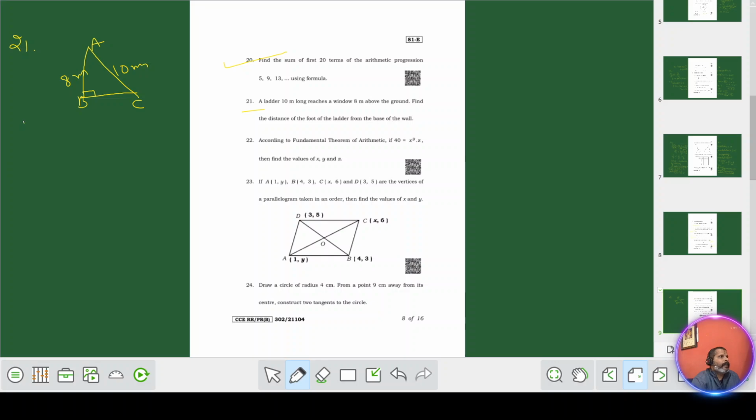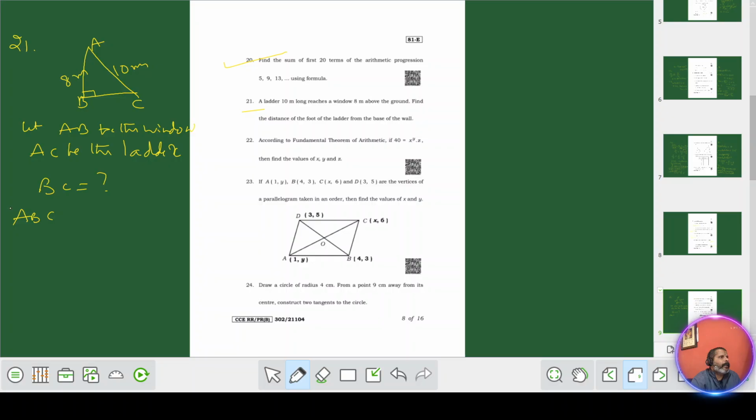We'll write here, let AB be the window, AC be the ladder. Find the distance of the foot of the ladder from the base of the wall, that is BC is how much?